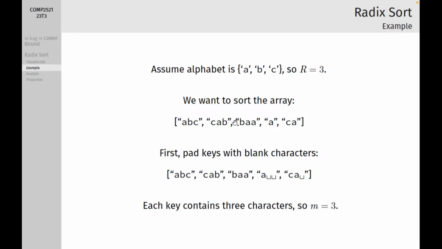Since the strings have different lengths, we first have to pad the shorter keys with blank characters. So A would have 2 blanks after it, and CA would have 1 blank after it. In this case, m is 3. m is the length of a key, the number of symbols in a key.